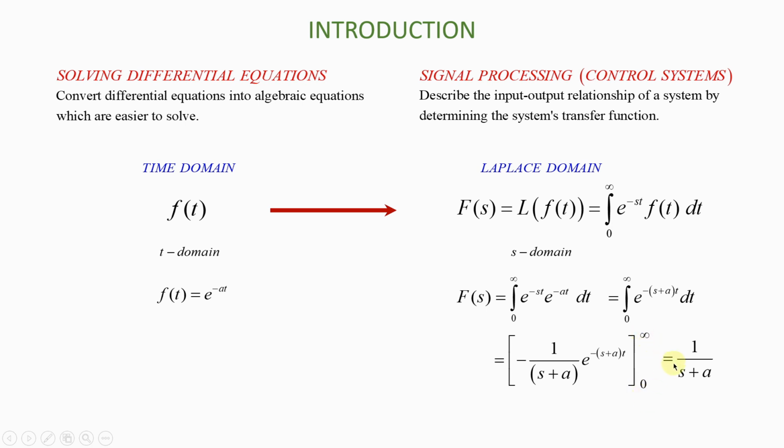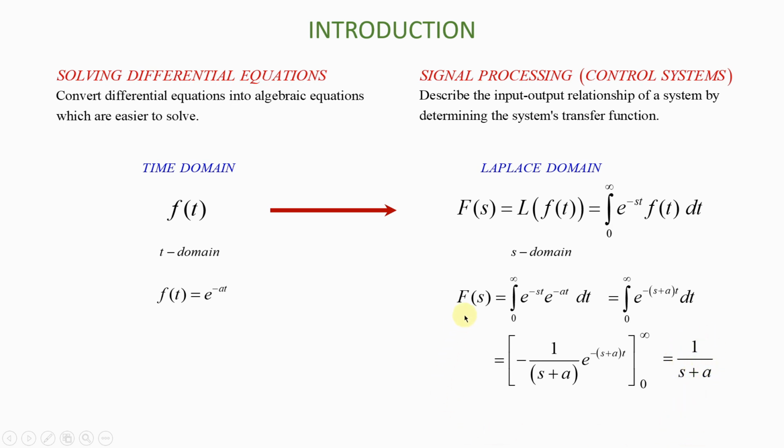And so if you do that, then what you get is that the transfer function of this is actually 1 over s plus a. Sorry, the Laplace transform. I said the transfer function, but what I meant is the Laplace transform, okay? The Laplace transform of this function here is actually that, okay?